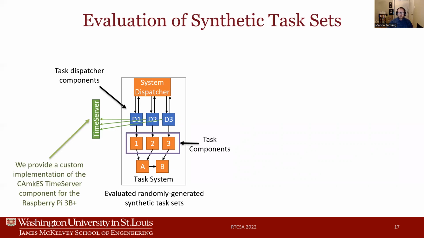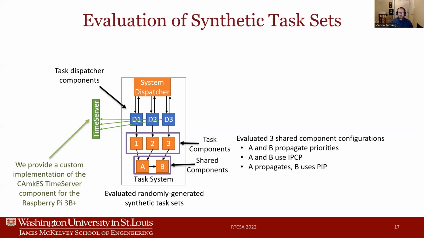The 3 task components send requests to 2 shared components, component A and component B, illustrated here. We evaluate 3 configurations of these shared components, one in which A and B both propagate priorities, one in which A and B both use the immediate priority ceiling protocol, and one under which A propagates priority, while B uses the priority inheritance protocol.